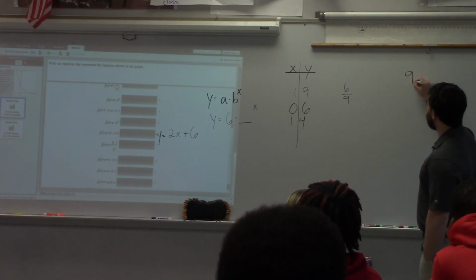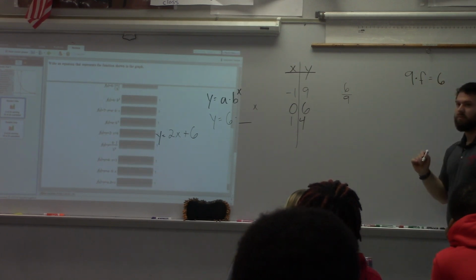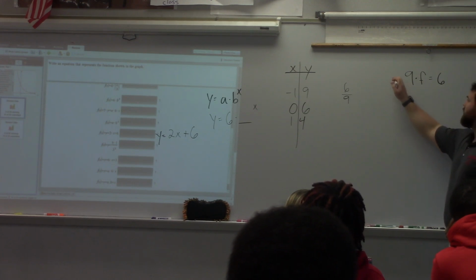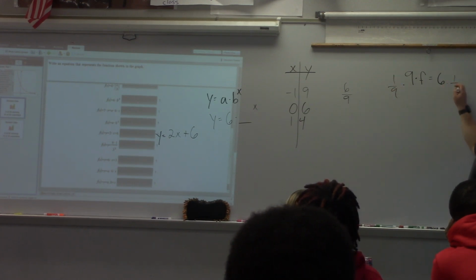The idea is that if I take 9 and I multiply it by my factor, then I get 6. Right? If I take 9, I multiply it by my factor, I get 6. So to get that factor, that's 6 divided by 9, or 2/3. So Trayana, what can I do to get my factor easily if it's an exponential function?